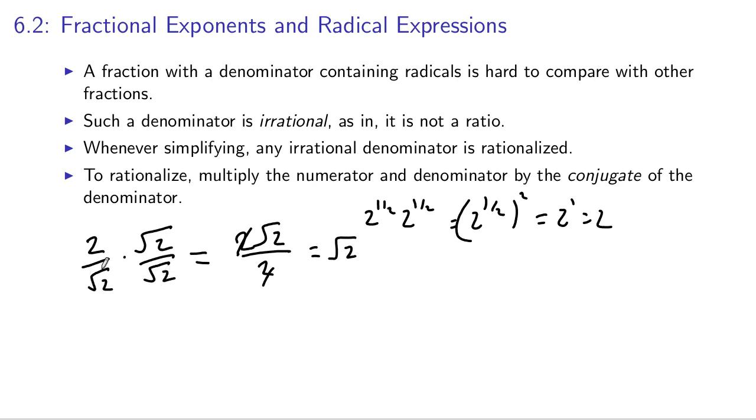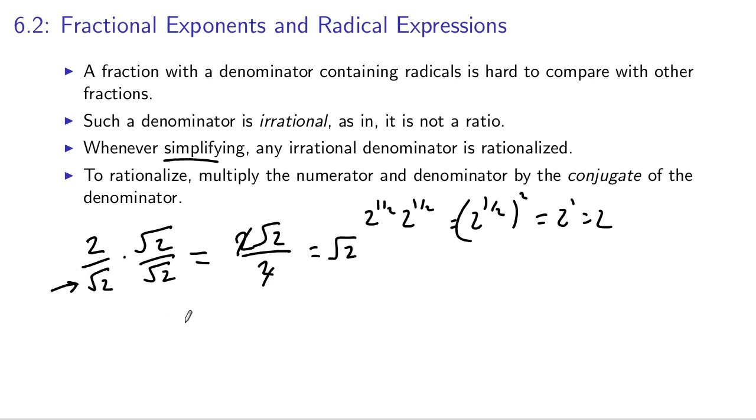It's an irrational number because the square root of 2 doesn't have a way of representing it as a ratio. So whenever simplifying, any irrational denominator should be rationalized. So whenever you see simplify and you see an irrational fraction, you must rationalize it.